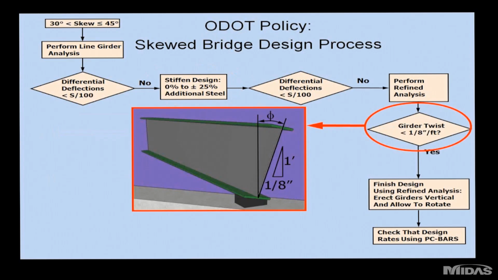If you are not successful, you're then forced to perform a refined analysis. And what they mean by refined analysis is any form of analysis that acknowledges the cross frames. So at a minimum, a grid analysis, but that's at the designer's discretion. And once you go to grid analysis, the criteria changes to twist, which can be taken directly from the analysis results. So you check for less than 1/8 inch per foot.